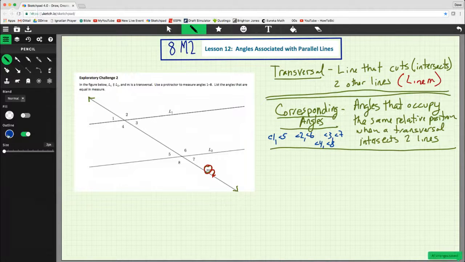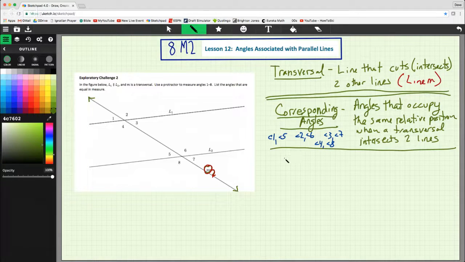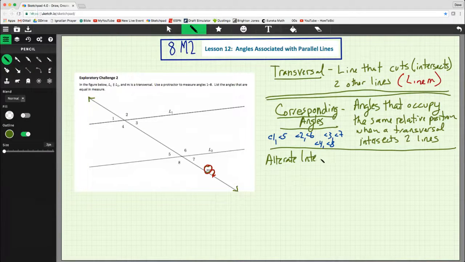Okay, so let's now talk about the next definition, which is called alternate interior angles.